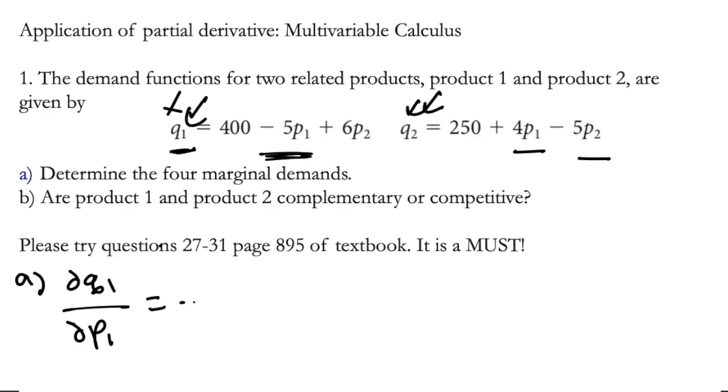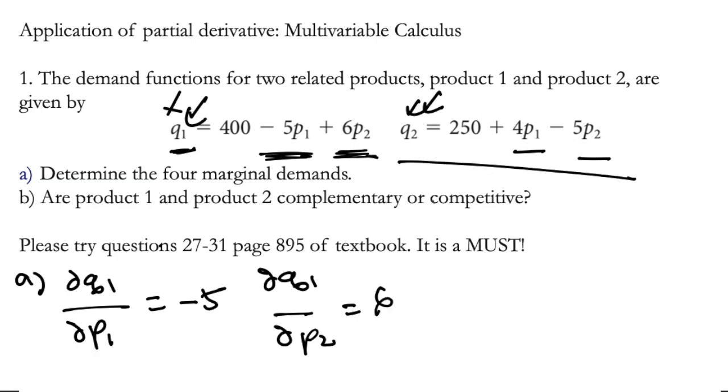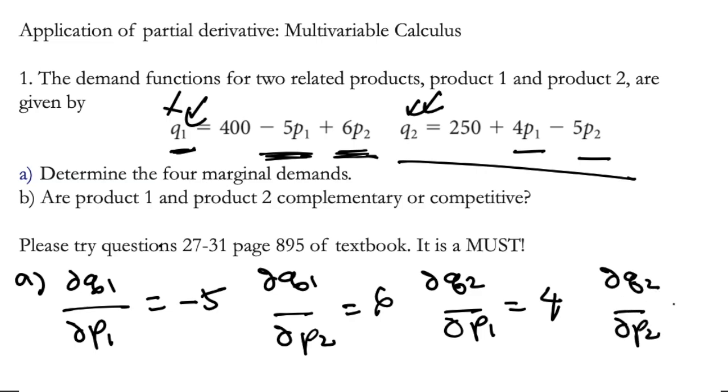This one, you differentiate, you get minus 5. Delta Q1 over delta P2, you differentiate this, what do you get? 6. Okay, now what about this function? Delta Q2 over delta P1, you get 4. I'm sure you know how to get it by now, yeah? Delta Q2 over delta P2, you get minus 5.